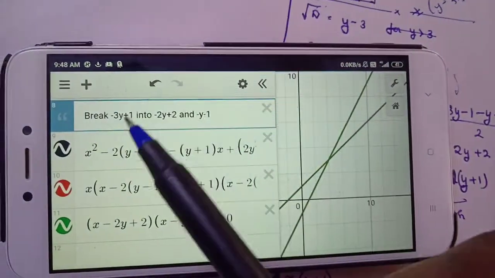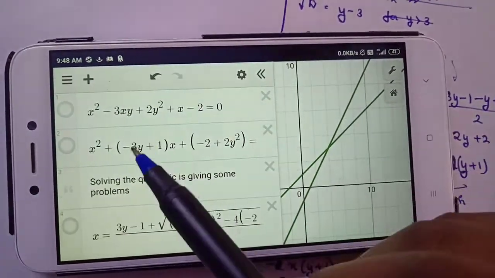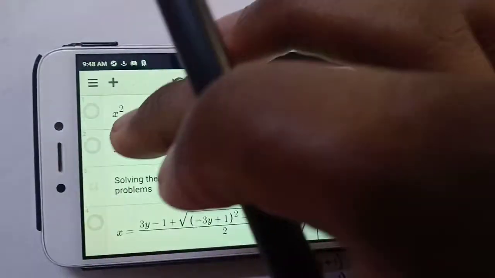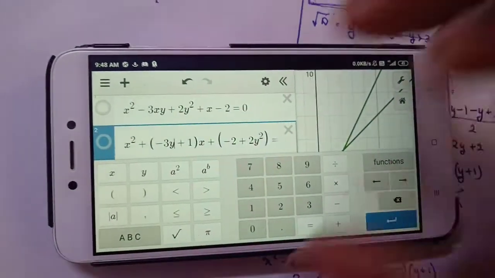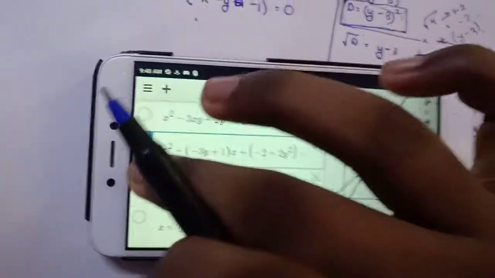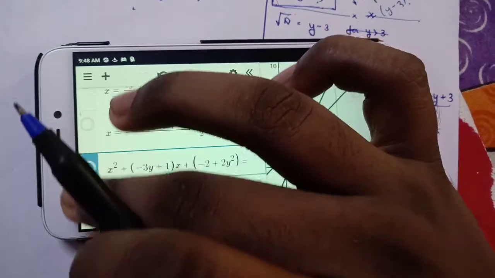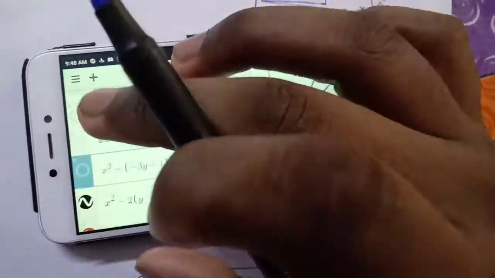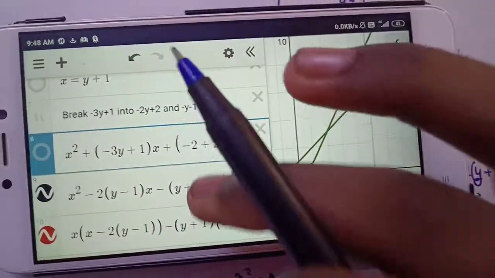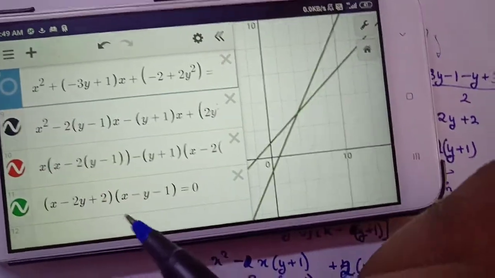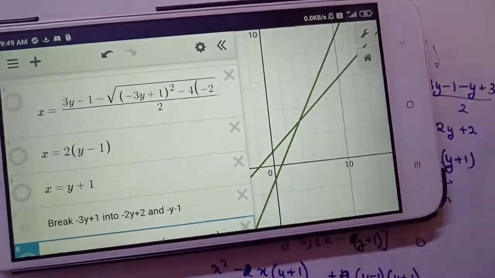I broke this, minus 3y plus 1, into two parts, and then I just took common factors, and finally I got this, which I was also getting from solving this formula.